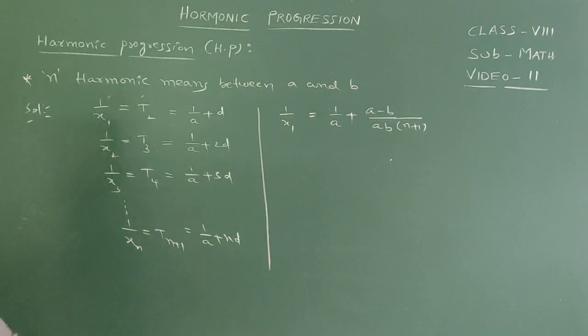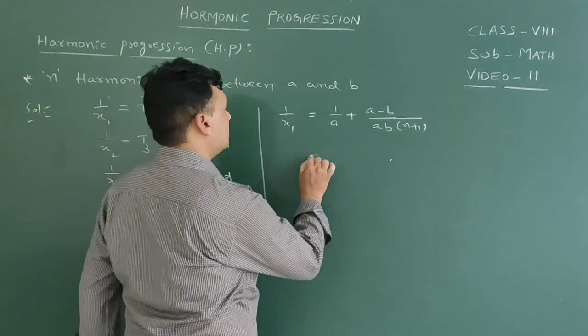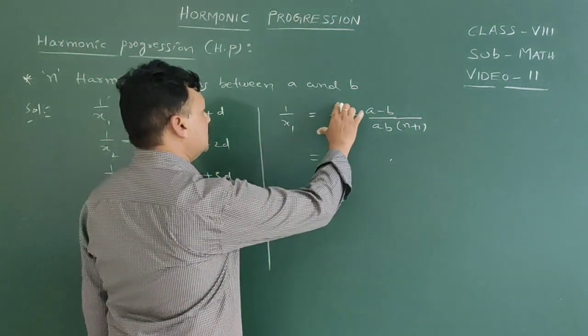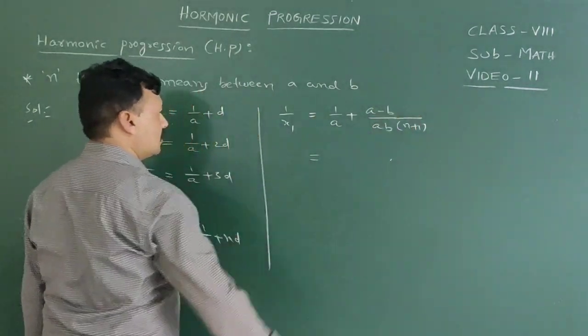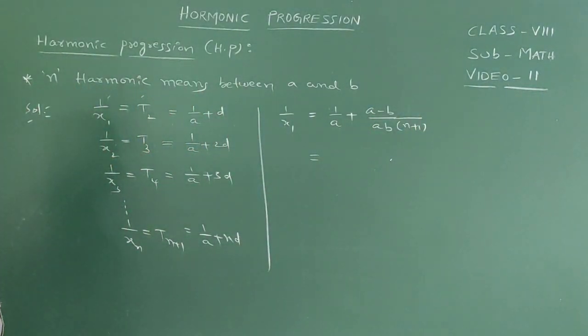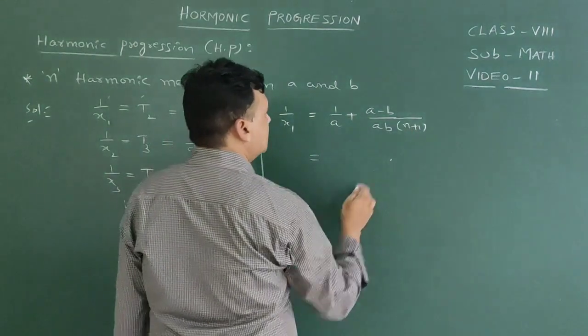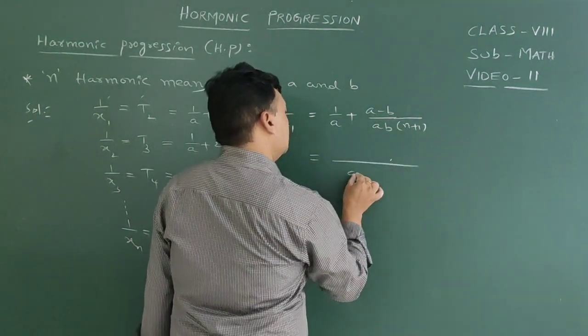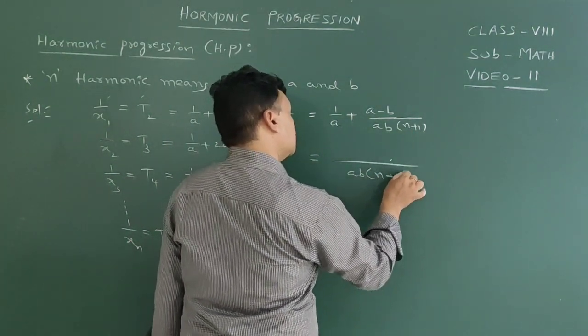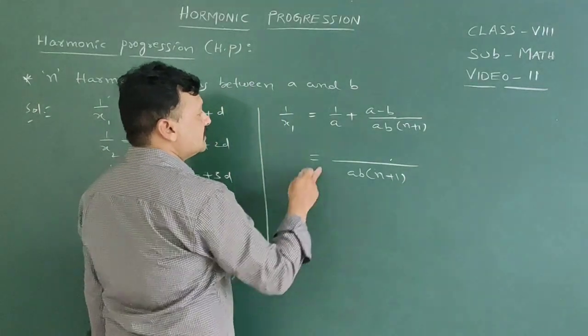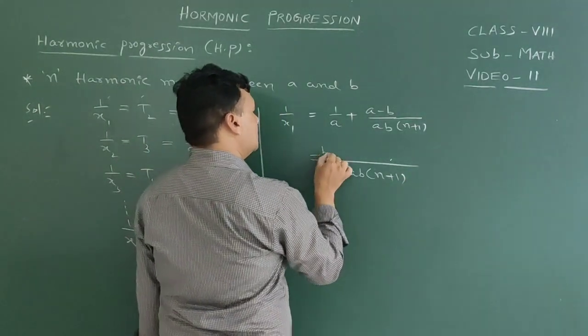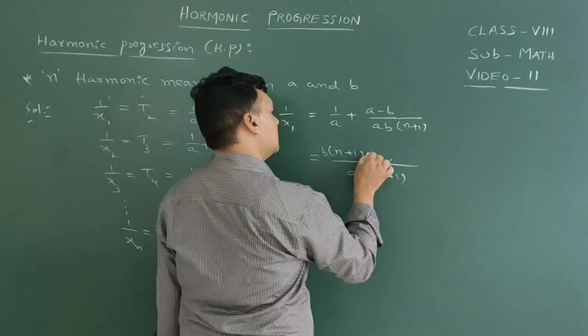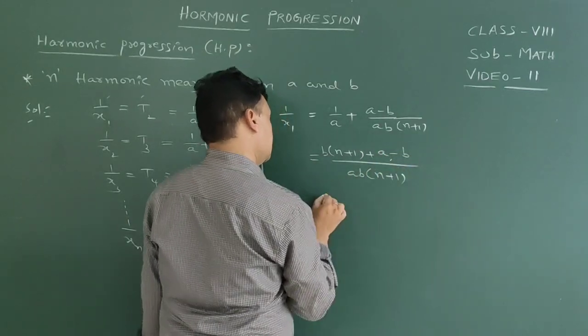Now 1 by x1 means a plus d. d we already got now: a minus b into ab by n plus 1. So here ab into n plus 1 is the LCM. Here a gets cancelled. b into n plus 1 plus a minus b.